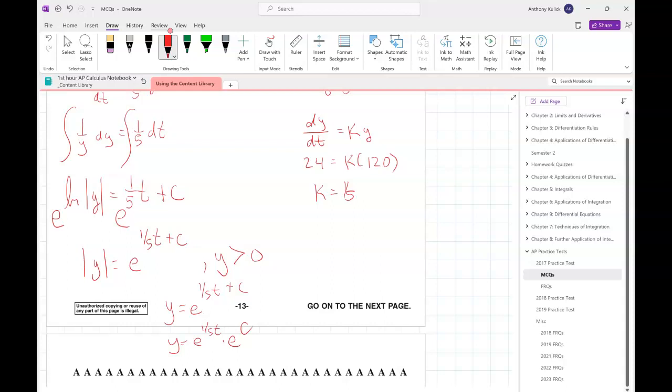So to solve for c, we know y is 120 when t is 0. So c is going to be the natural log of 120. So putting things back together, I have y equals e to the 1/5 t times e to the natural log of 120. I know e cancels out the natural log.